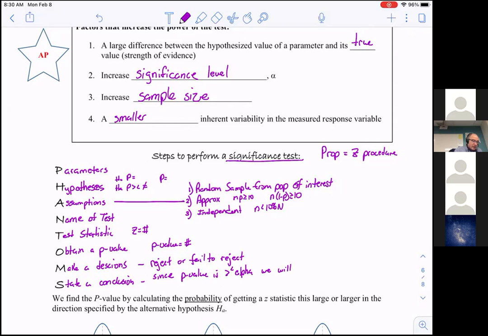Since our p-value is greater than alpha, we will. So what happens if my p-value is greater than alpha? What do we decide we do? We will fail to reject the null.